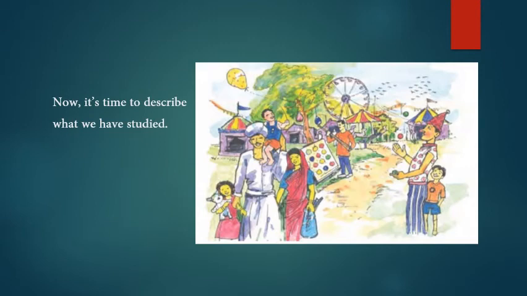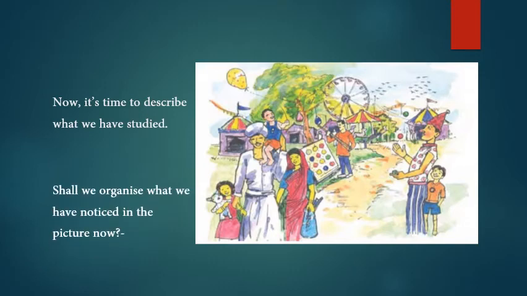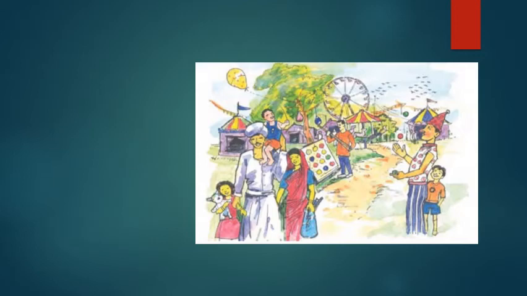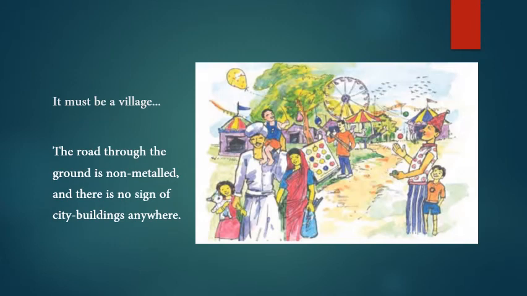Now, it's time to describe what we have studied. Shall we organize what we have noticed in the picture now? It must be a village. The road through the ground is non-metalled and there is no sign of city buildings anywhere.